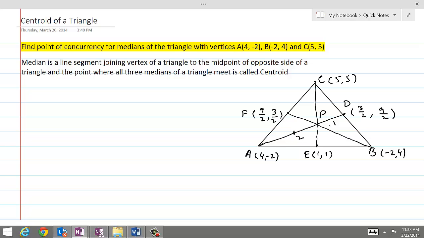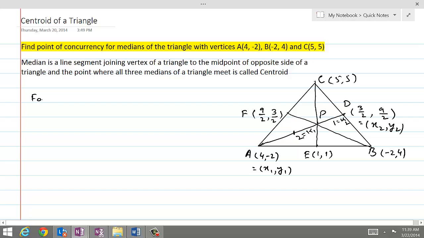This is what trisection means: if we divide AD into 3 equal parts, then find the point P, which is at 2/3 of the distance from A to D. So now we have 2 as k1 and this is k2, and if we are finding it with respect to AD, let's label this as x1, y1, and label this as x2, y2.